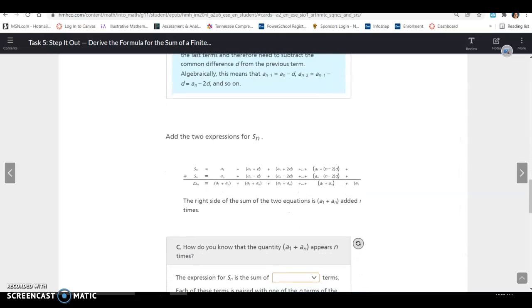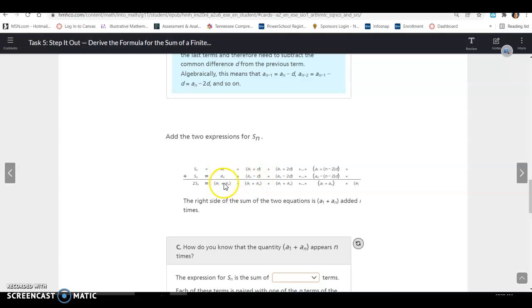All right, so now it says add the two expressions for S of n together. So we have S of n equals a sub 1 plus a sub 1 plus d. And then we have S of n equals a sub n plus a sub n minus d.